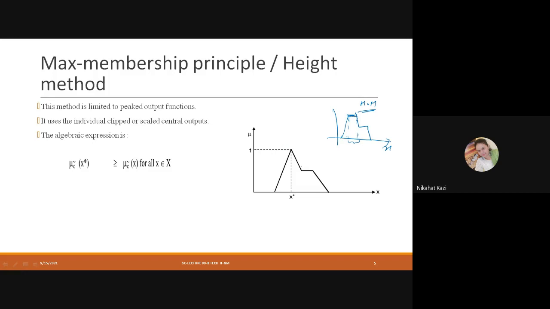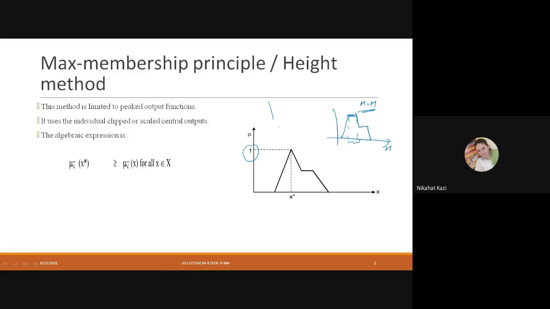But if there's a single peak, then if you apply this defuzzification method, it's that X value which is giving the highest membership. Now, it is not necessary that the highest membership will always be 1, because the overall output that you get from the inference engine might not have 1 as the maximum value.